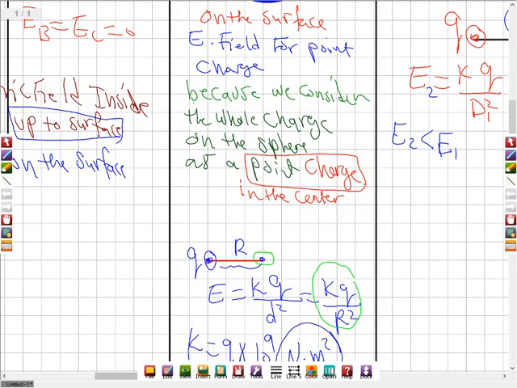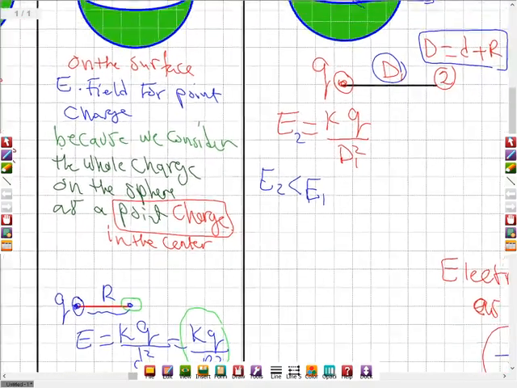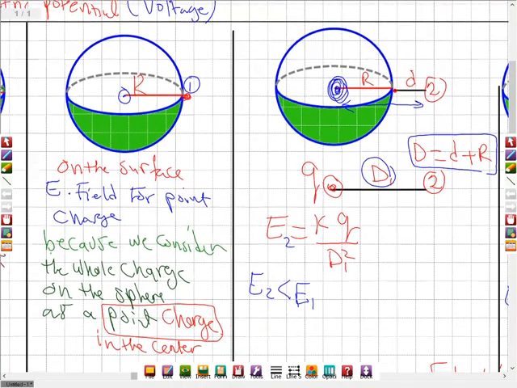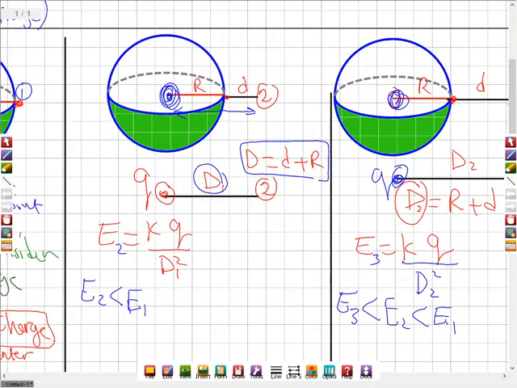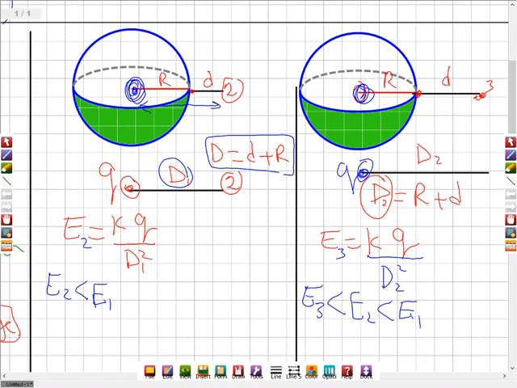Now when you go away from the surface to point 2, you have to measure the distance from the center to the point, which is D from the surface plus R from the surface to the center. You add these values and call it big D, which is R plus D. Now this is kQ over D squared. A little bit further, that distance increases, and we call it D2.